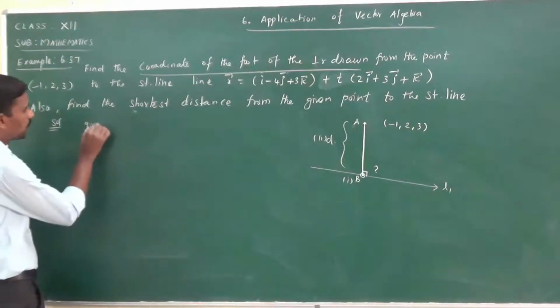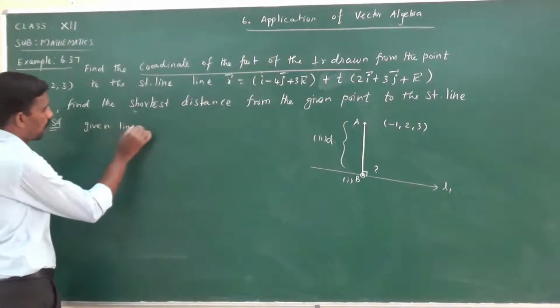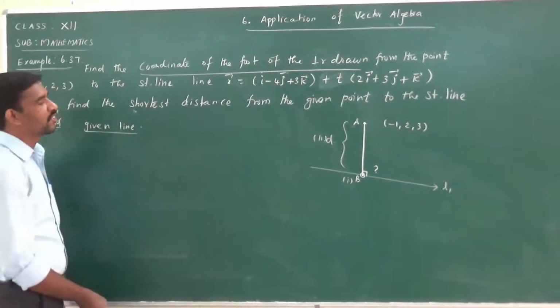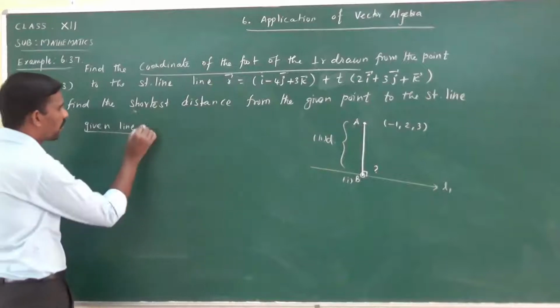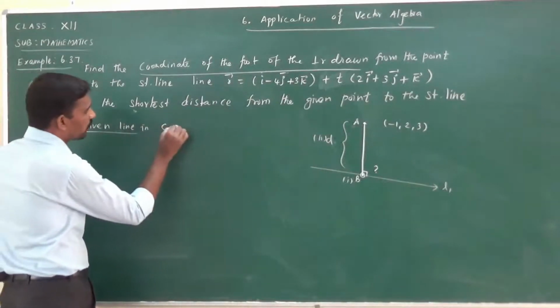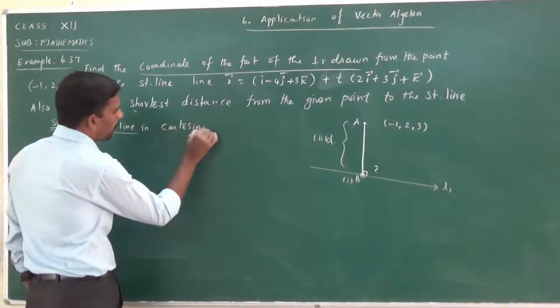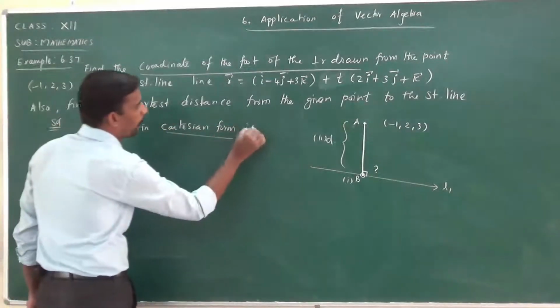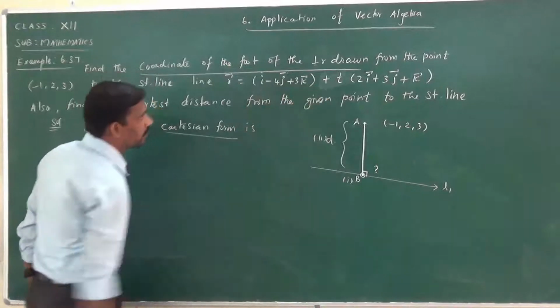So given line, I take the Cartesian equation of the given line. Given line in Cartesian form is, this is the point, then this is the vector.